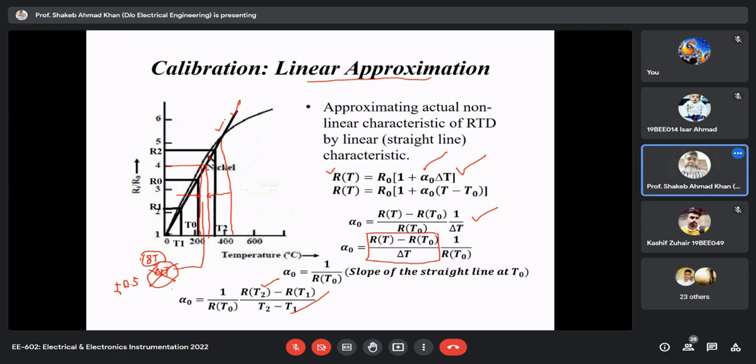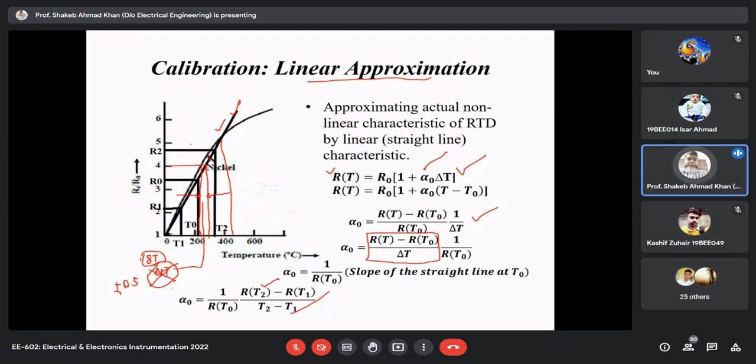Suppose you are measuring room temperature, and your actual temperature is around 35 degrees Celsius, but you are measuring 35.5 degrees Celsius. I'm giving one example. So this difference of 0.5 degrees Celsius is called error, and it is because of the linear approximation.